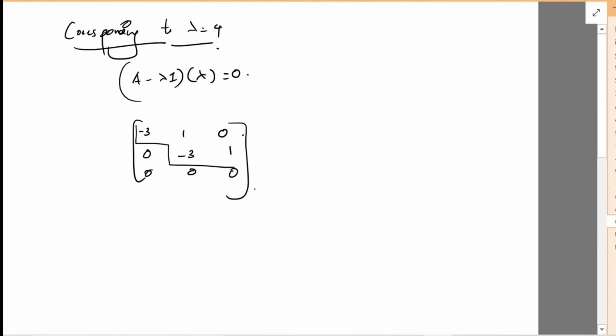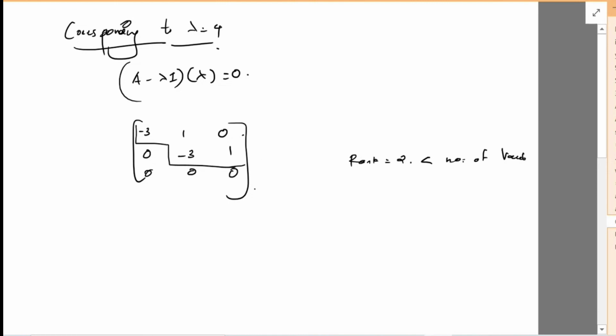So actually this one is in echelon form itself. So we don't have to reduce it into echelon form. So rank equal to 2, which is less than the number of variables.